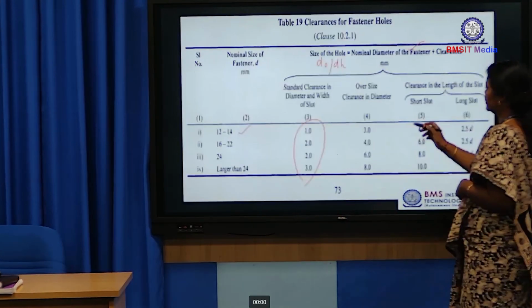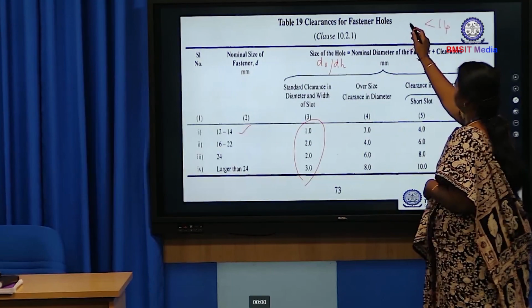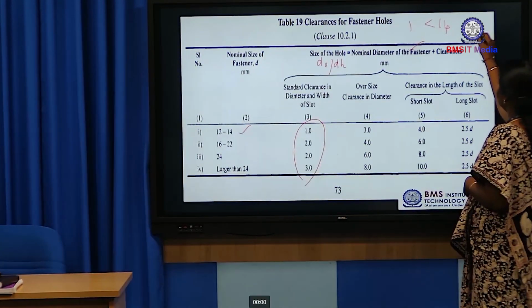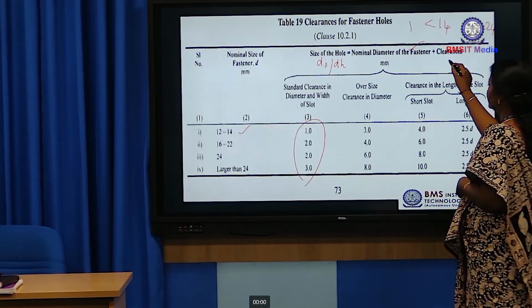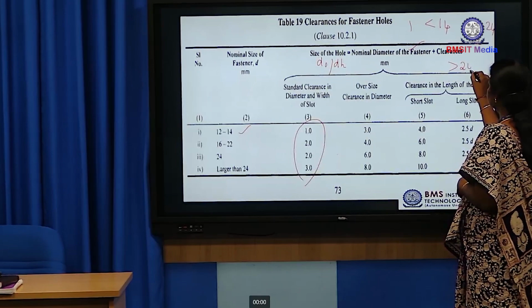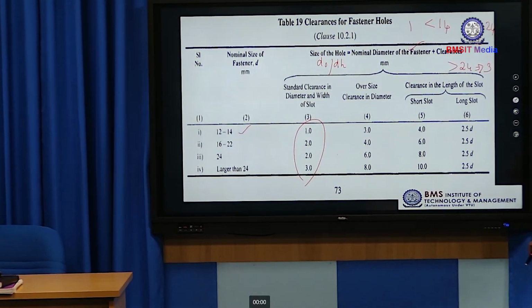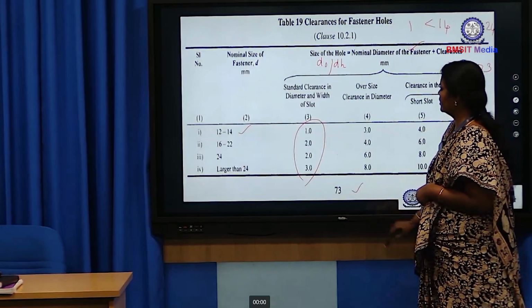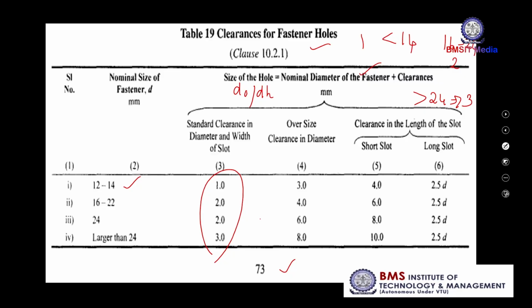So less than 14 means 1 mm clearance, 16 to 24 means 2 mm clearance, and greater than 24 means 3 mm clearance. This table is available on page number 73, table number 19 in IS 800-2007.